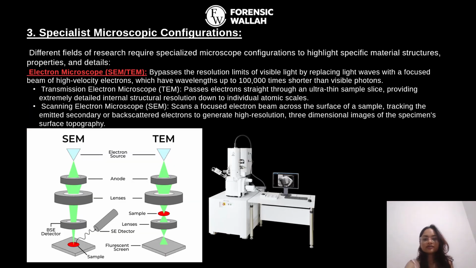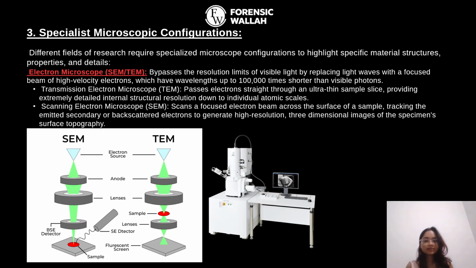Now, finally, we reach the absolute pinnacle of resolving power, the electron microscopes, that are SEM and TEM. As we discussed earlier via Abbe's limit, visible light microscopy is fundamentally bottlenecked by the wavelength of photons.